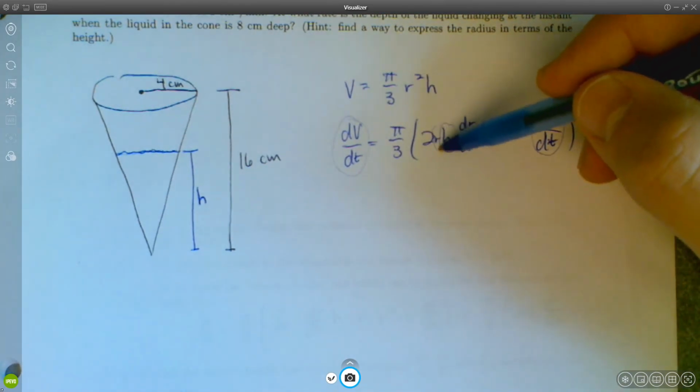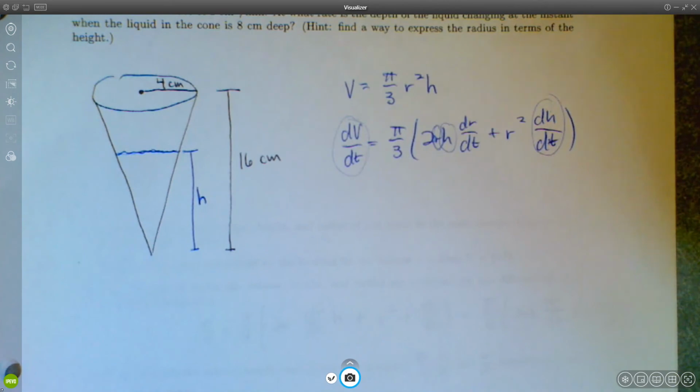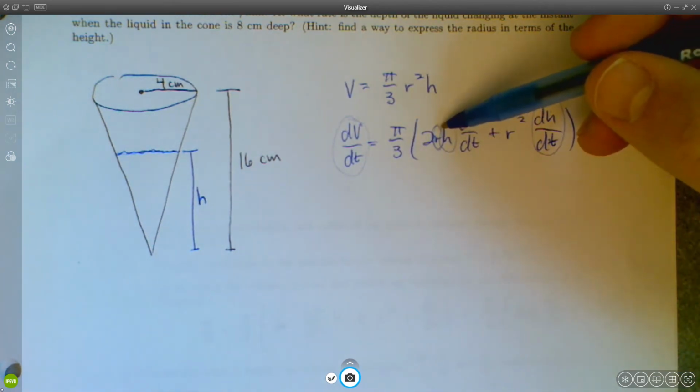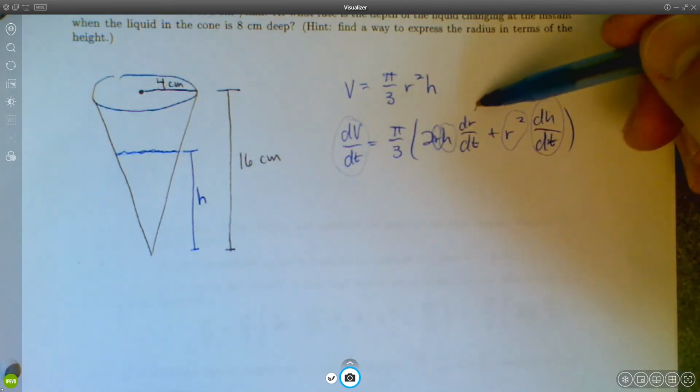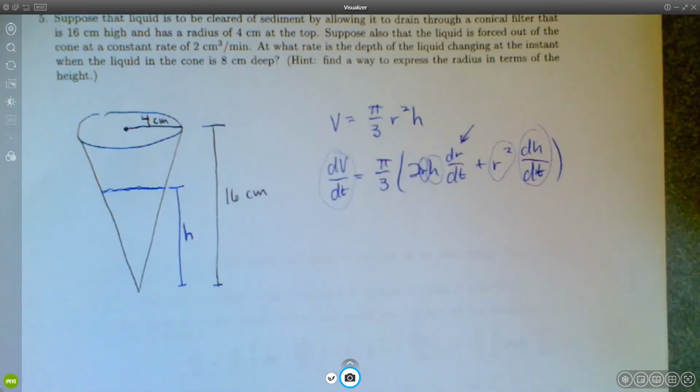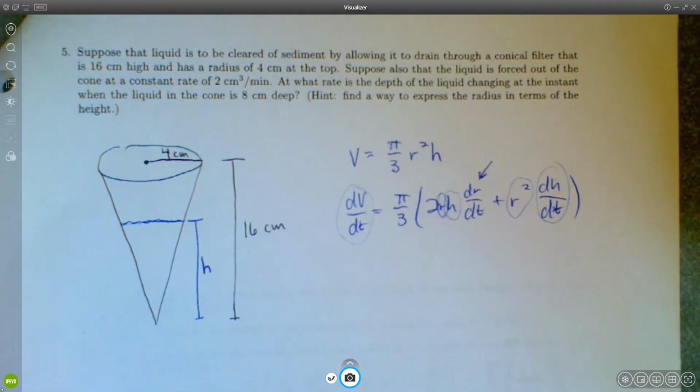We're not given r, but I think we could figure it out using some geometry. But then we would also need dr/dt. How fast is r changing with respect to time? We might be able to figure that out, but I think it would take a lot of work.